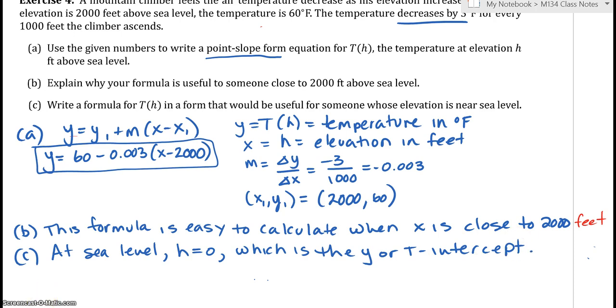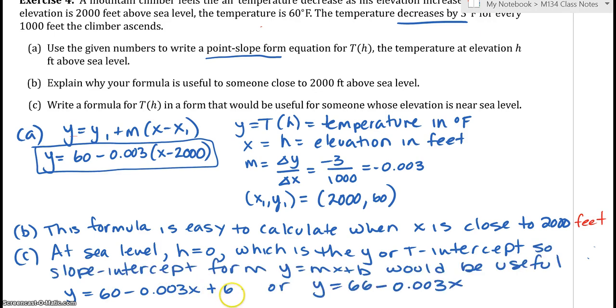So I'm going to put it in slope-intercept form, y equals mx plus b. How am I going to do that? I'm going to multiply it out, and add these together, you get y equals 66 minus 0.003x.